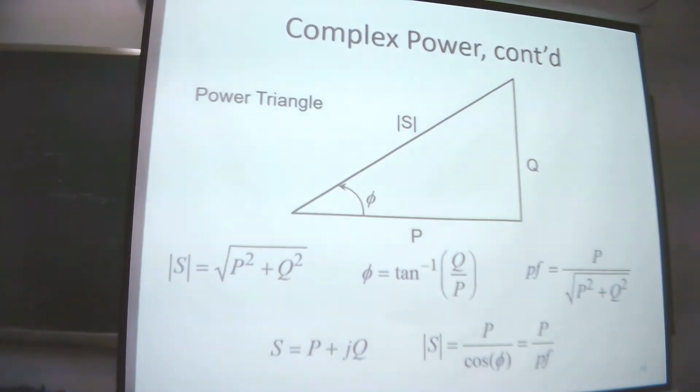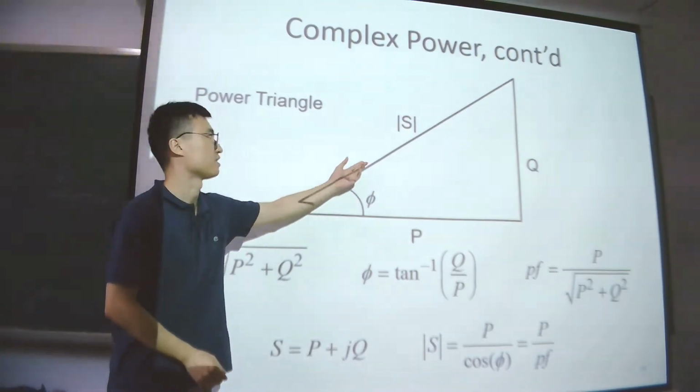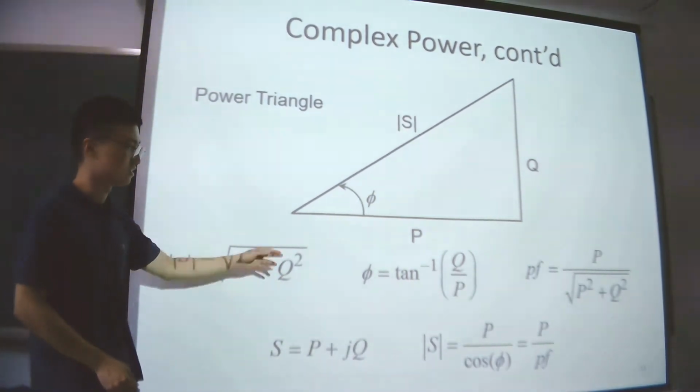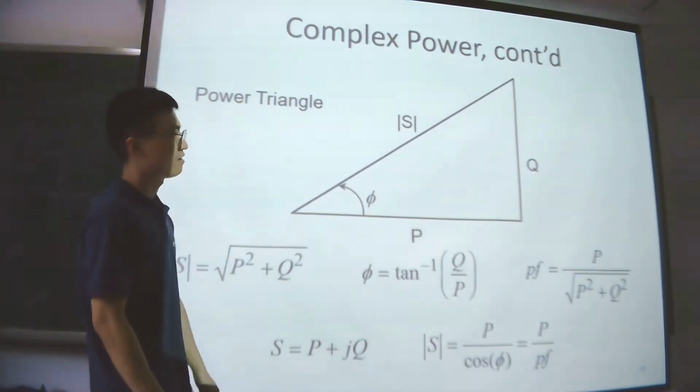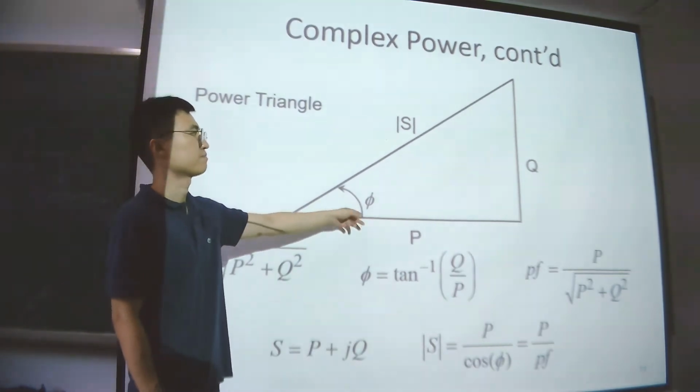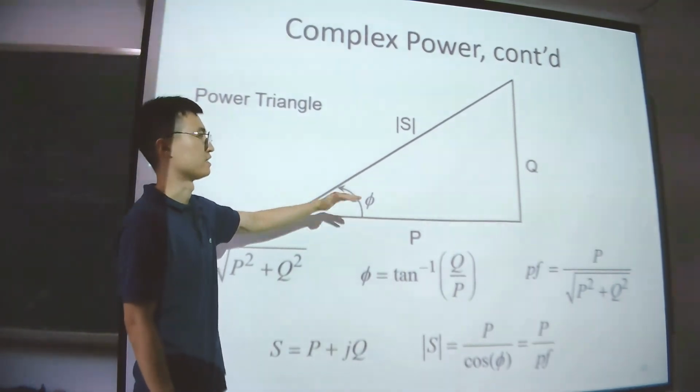Okay, so this is the triangle I have to write down. That's easy, right? This is the complex power. This is the real power. This is the active power. And this is the angle between the complex power and the real power.